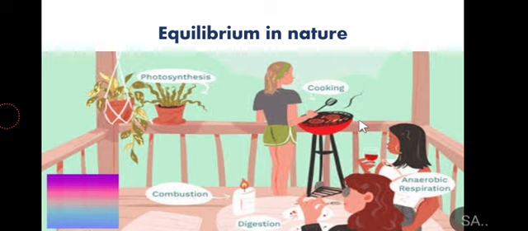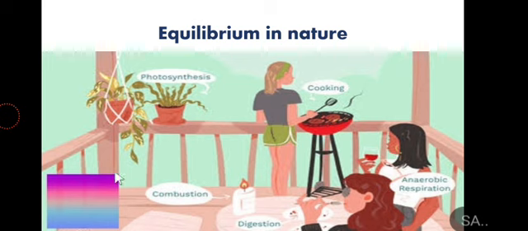You must have observed in nature that when you do cooking, if combustion is happening, the digestion, that is burning of food inside the body, and anaerobic respiration, we are giving off certain products. Let's take the example of carbon dioxide gas. The carbon dioxide gas is being produced in these processes. What happens?